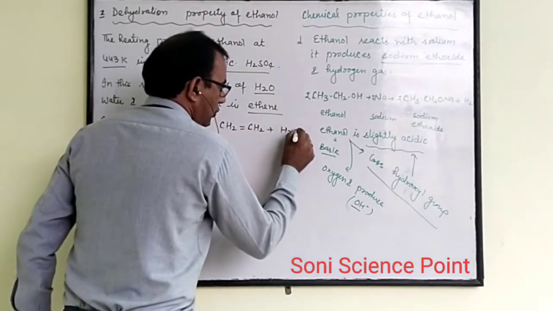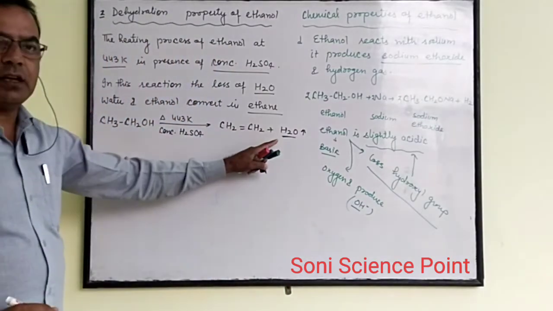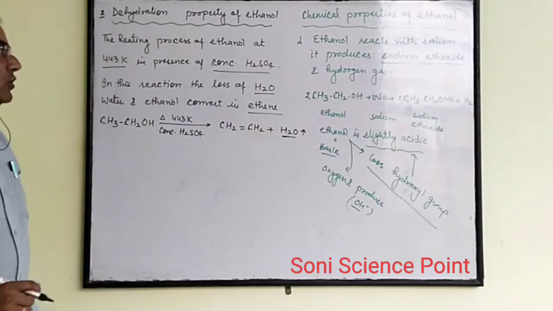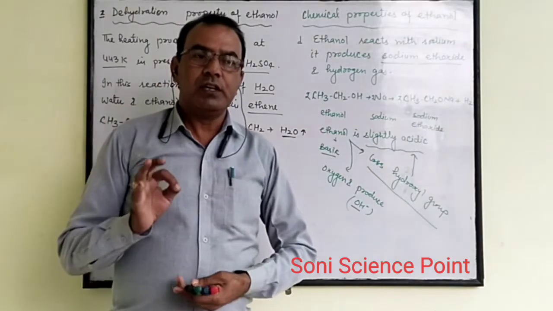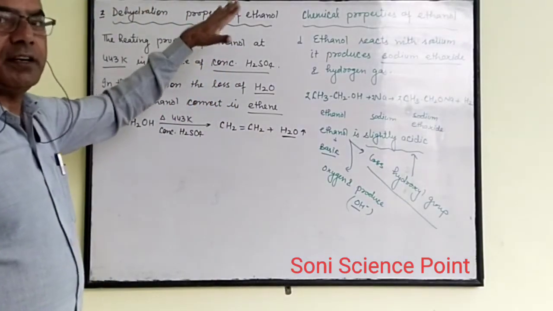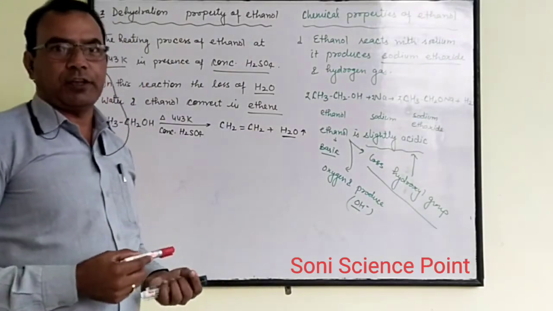The process in which any compound loses water is called dehydration. So when ethanol is heated in the presence of sulfuric acid, a dehydration process takes place. These are the two chemical properties of ethanol.